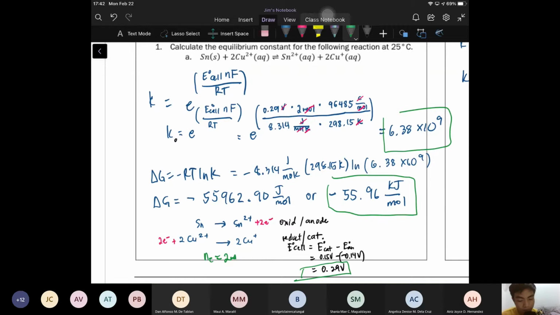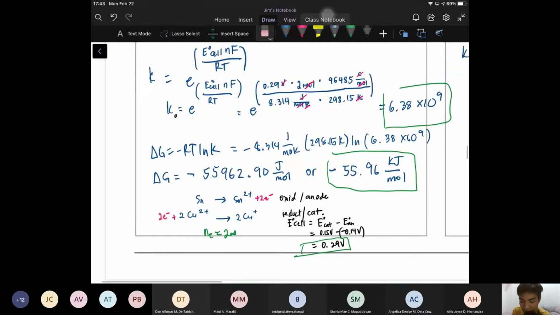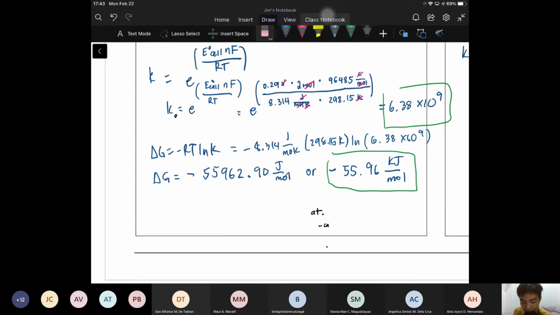Try natin yung delta G equals negative NFE. Try natin lang. Burahin ko na tong nasa baba. Try natin delta G equals negative NFE. So that will be negative. Ilang moles ng electron meron tayo? 2 mole.